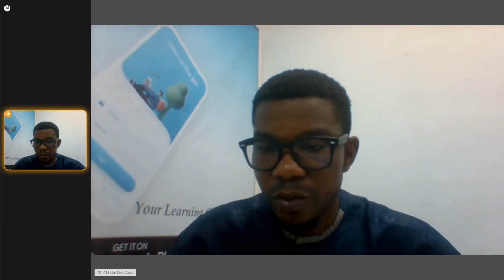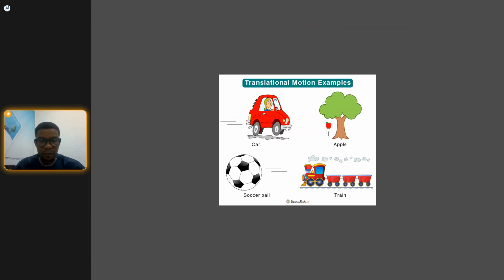Okay, let's make use of this. All right, so we have some pictures here. A car moving, right? So this is an example of motion. A car moving from one point to another.